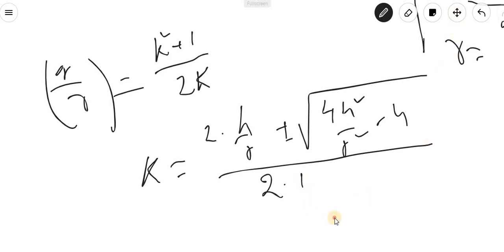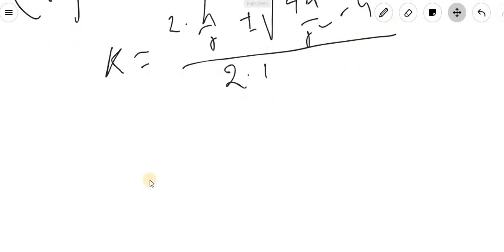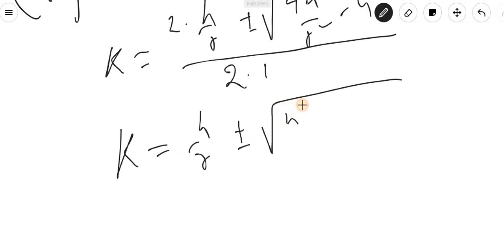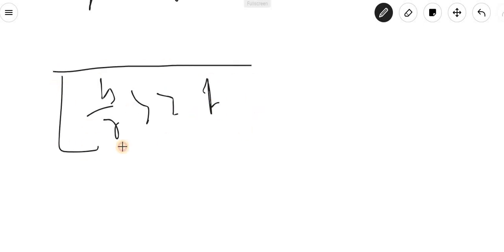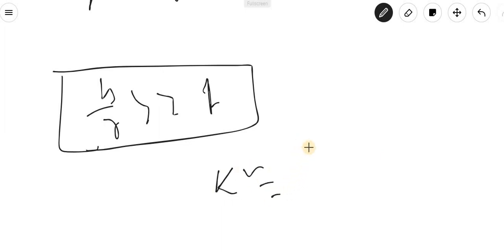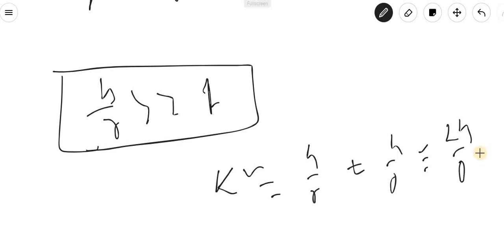So simply you can see that K will be h by r plus minus the square root of h square by r square minus 1. If we consider that h by r is much greater than 1, then K equals h by r plus h by r, that means 2h by r. Clear?